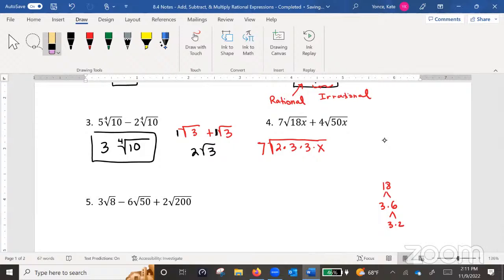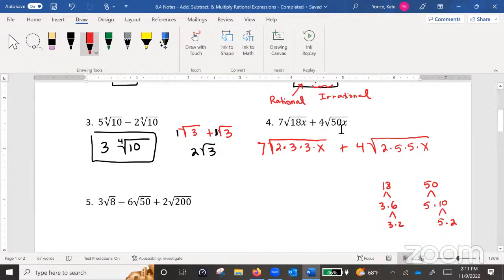Okay, everybody good with that? 2 times 3 times 3 times x plus 4, and we'll have to break the 50 down also, right? 5 times 10, and 10 breaks down to 2 times 5 times 5 times x. That's from 8.1 to 8.3. So everybody good with that?